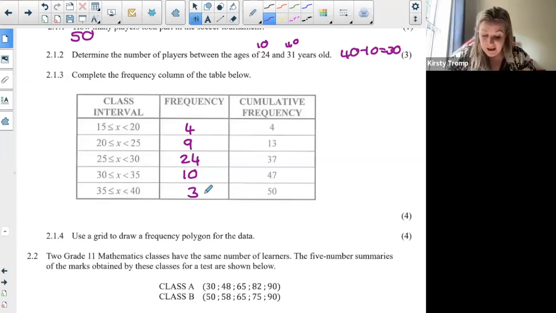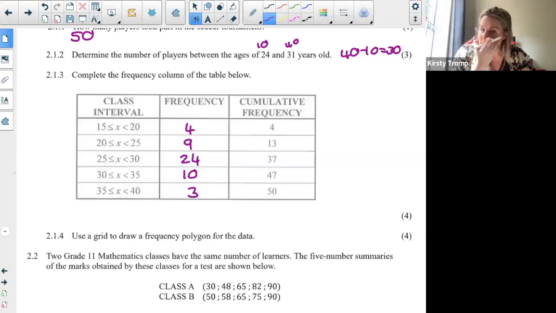You're not looking at 37 minus 9. You're looking at the difference between the cumulative frequencies each time to calculate your frequency. If you do it the other way around, your cumulative frequency is not going to work out. It won't make any sense.